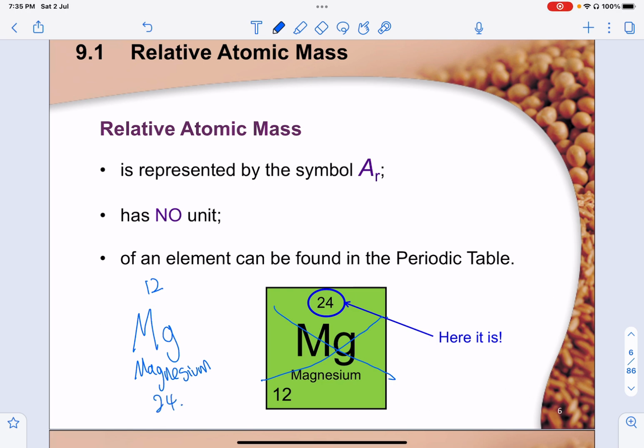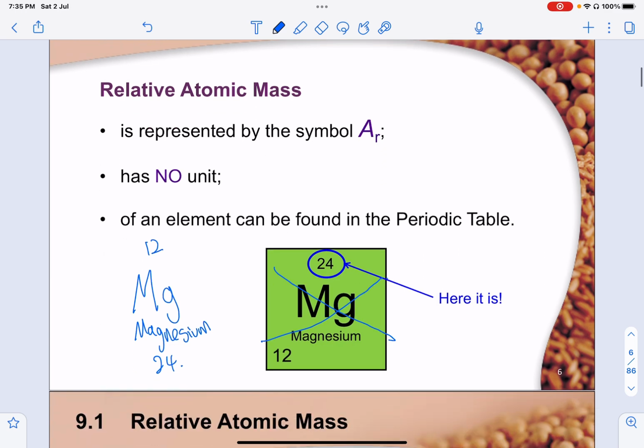One easy way to remember is that relative atomic mass is the larger number out of the two numbers. However, in exam, if you are required to write a symbol or some form of representation, you should still write it in the form of 24, 12. For mass, it can be written as Mg-24.